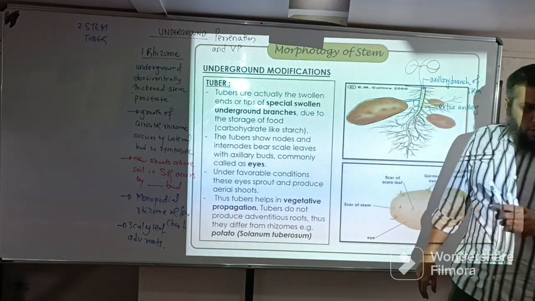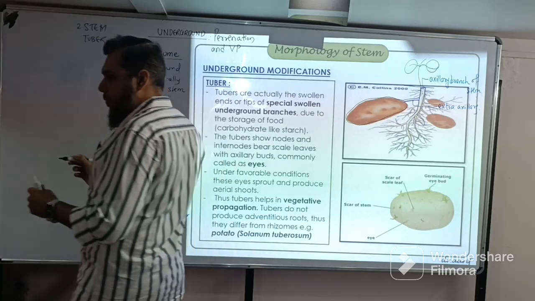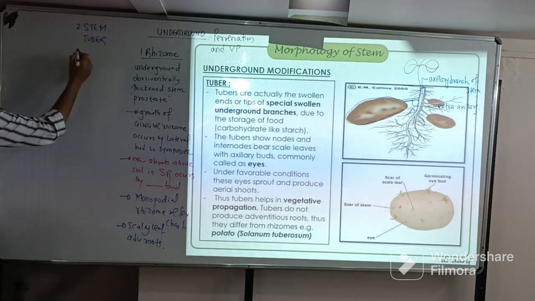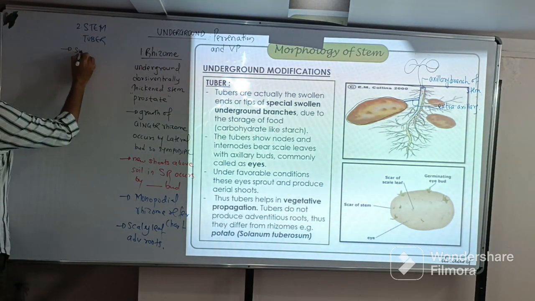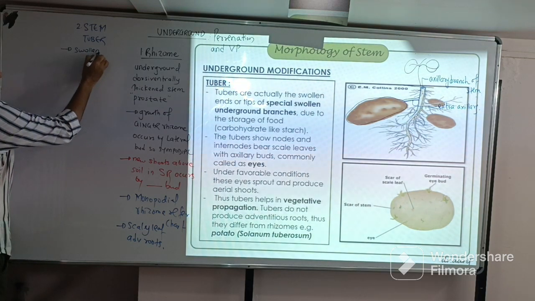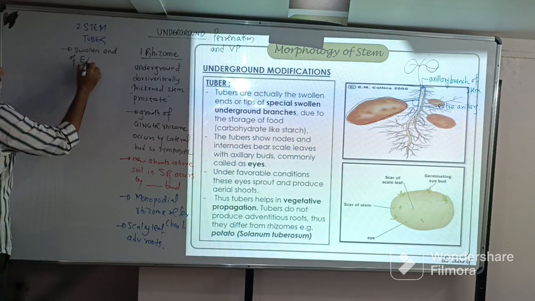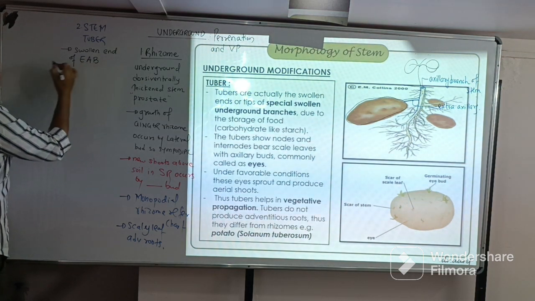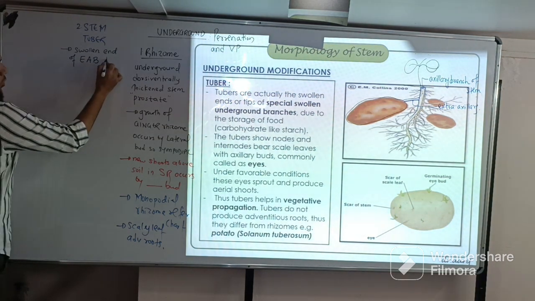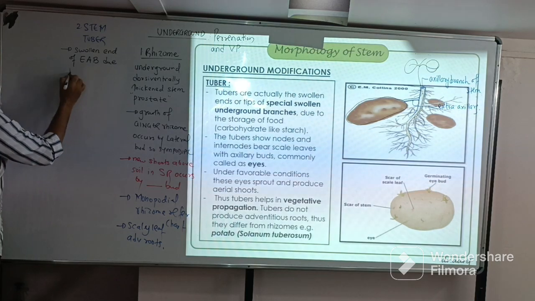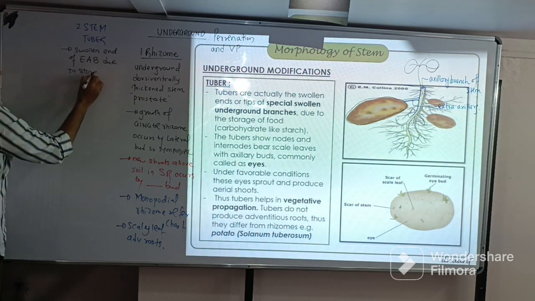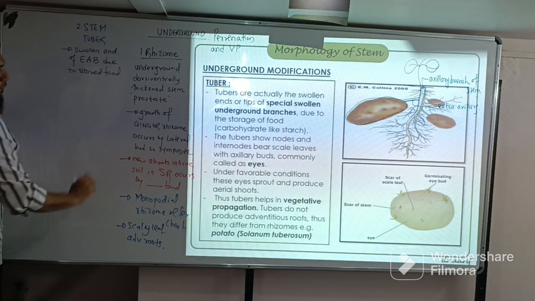What are the branches called? Extra axillary branches. So what's a stem tuber? It is the swollen end of extra axillary branches, due to what? Due to stored food.